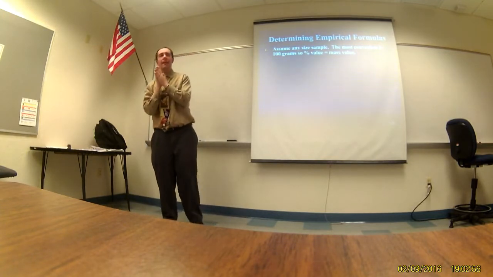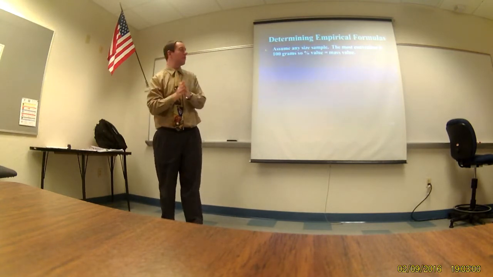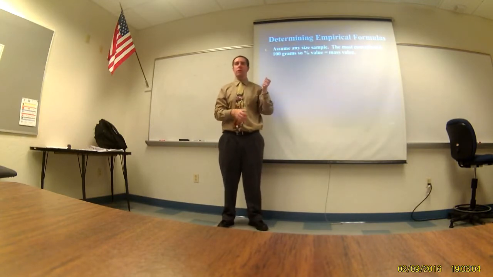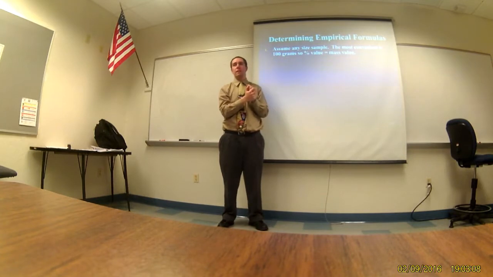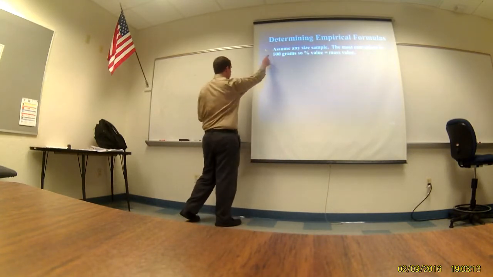You can pick any number you want, but I highly, highly, highly suggest that you pick 100 grams. Because if you pick 100 grams, your percentages immediately become how many grams of each element you have, right? So we're going to assume we have 100 grams. That's the first step.